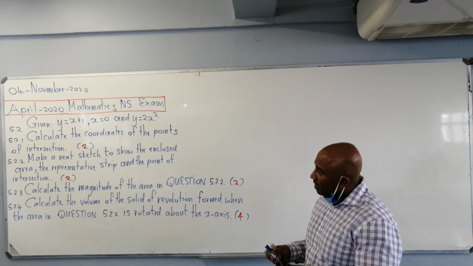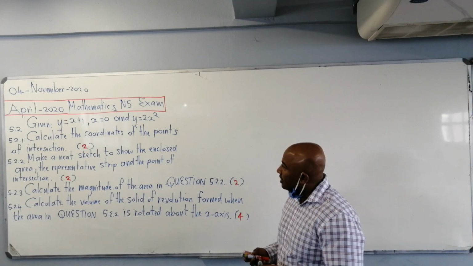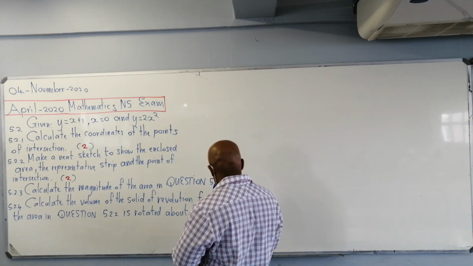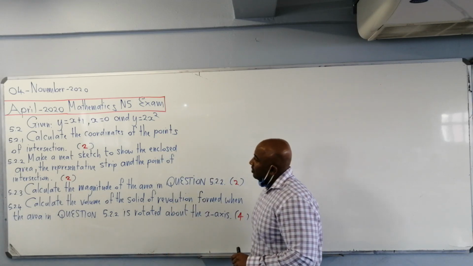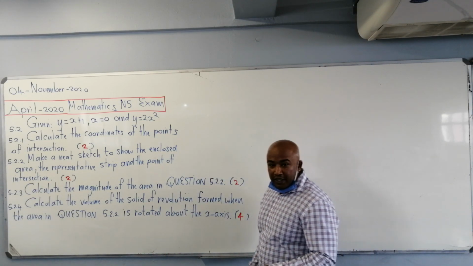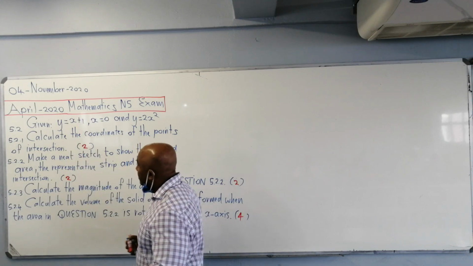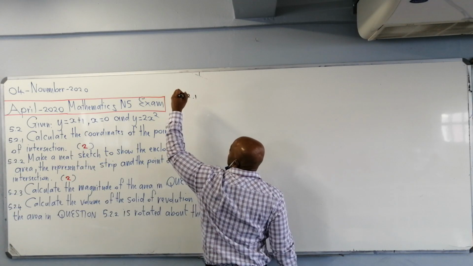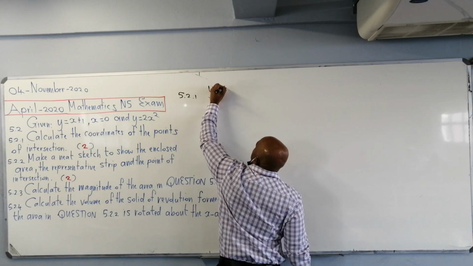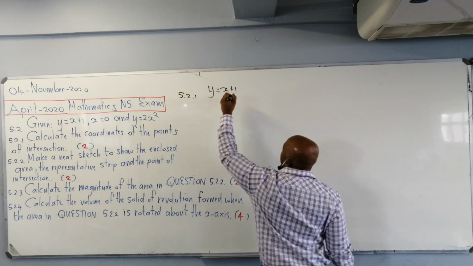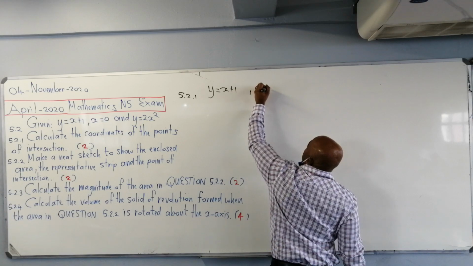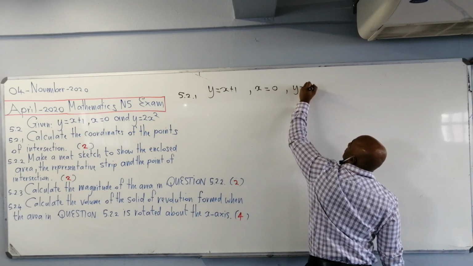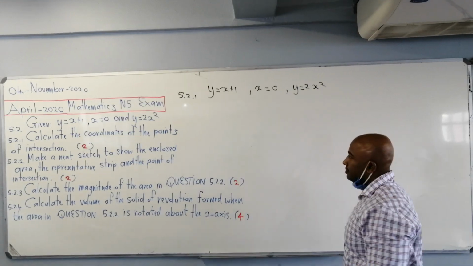Okay. Now, what graphs do we have? We have y is equal to x plus 1, x is equal to 0 and y is equal to 2x squared.